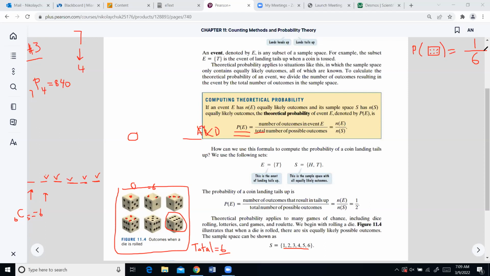So 1 out of 6. That's the probability. So the word probability stands for a fraction that has in the denominator the total number of possible outcomes, and in the numerator the number of choices that we're interested in. In this case, we had just 1.